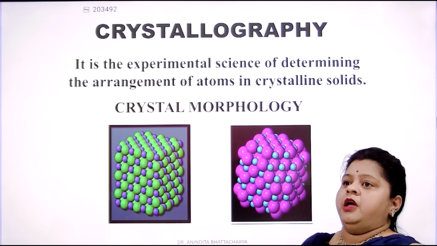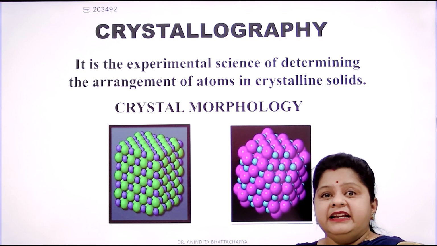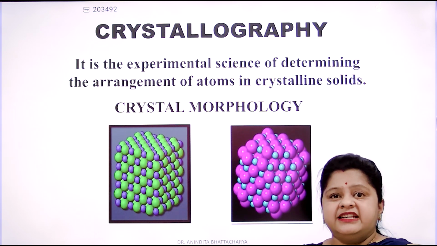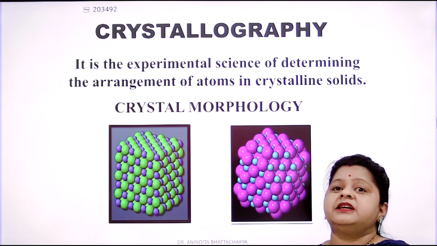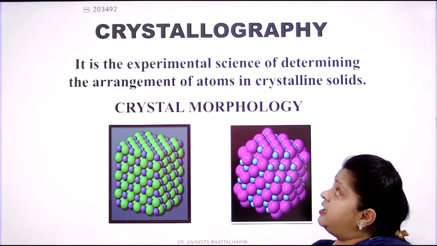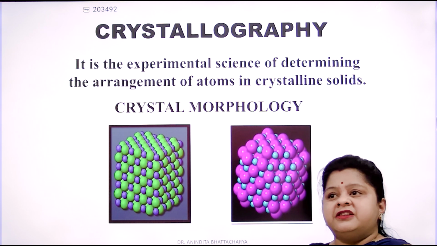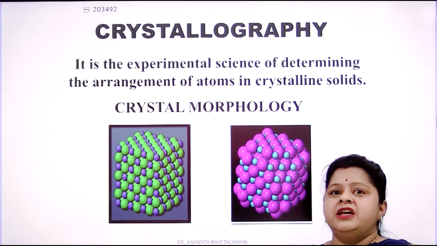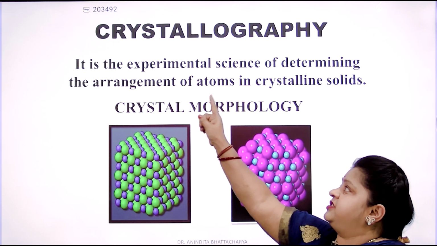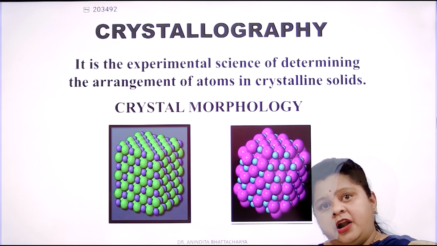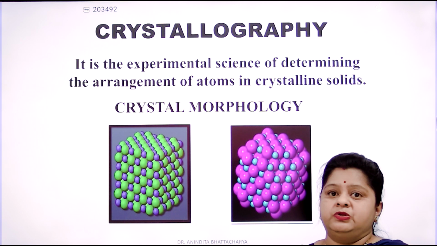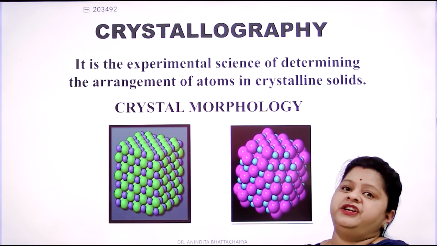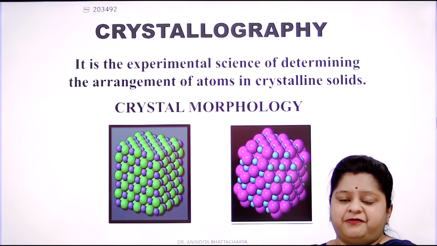Now, the study of the crystal, which is the experimental science of determining the arrangement of atoms in crystalline solids, is known as crystallography. Arrangement of atoms or molecules generally follows two types of packing.